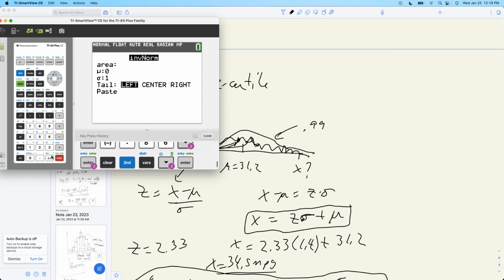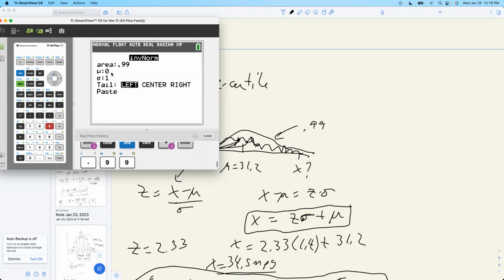So the area below, you could do it either way. You could do area above by doing right. I can't think of a time we'll ever use center. I always just use left. Leave that on left and put the area below the guy you're looking for. So that was 0.99. You got to put it in as a decimal. Leave those two alone.